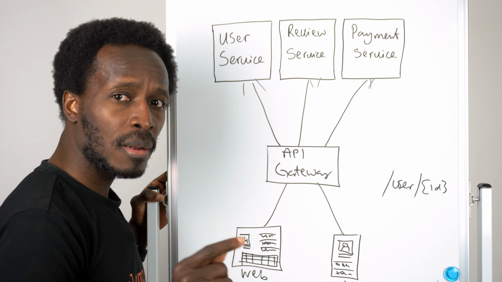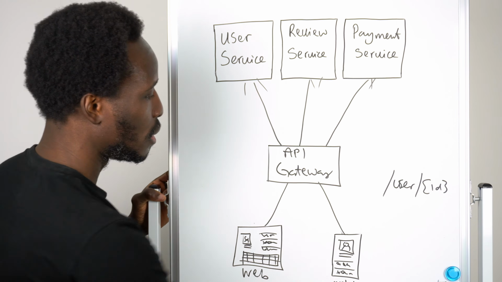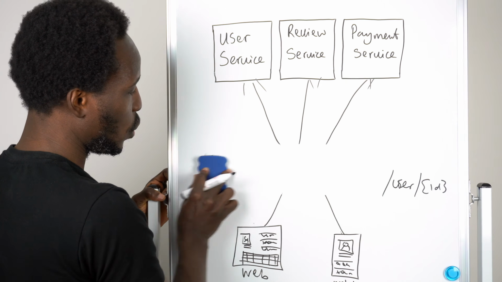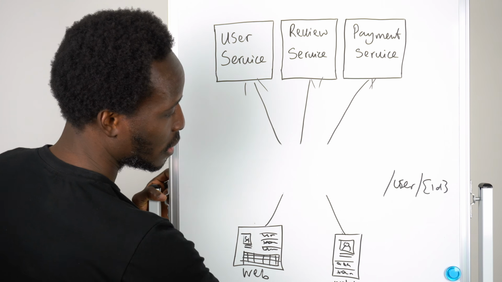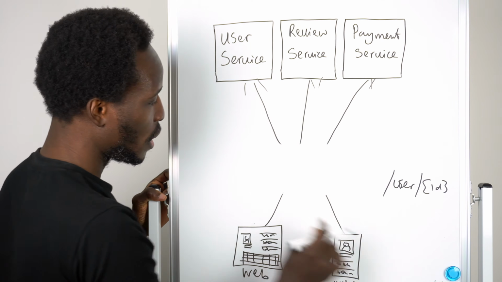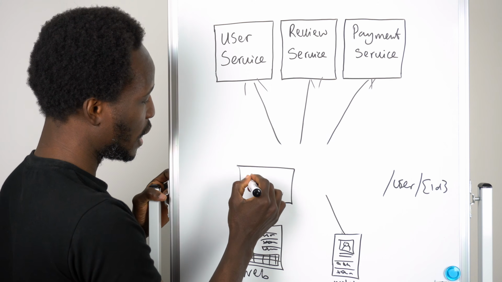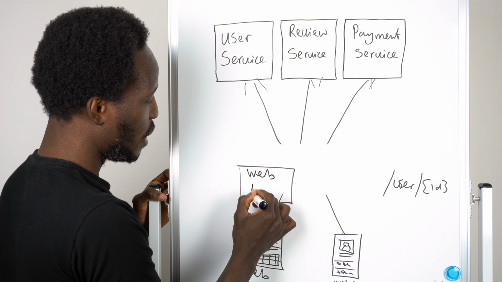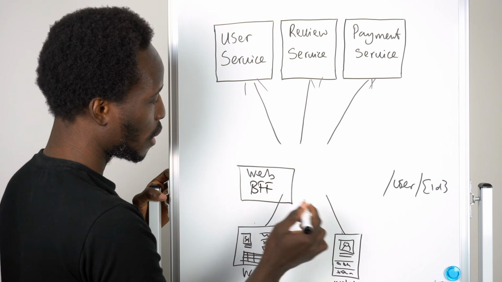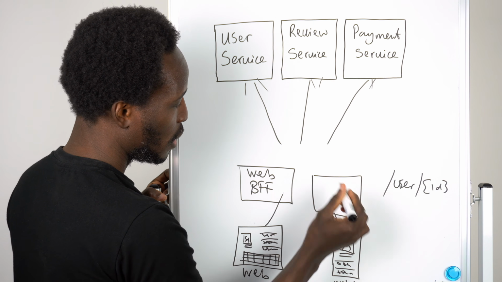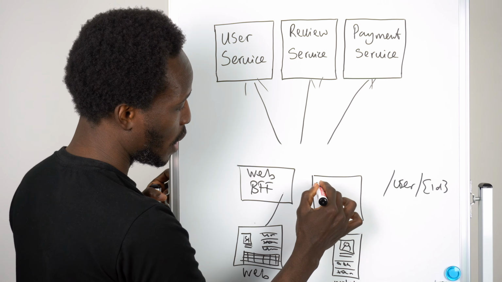Now, this is where the BFF comes in. And what the BFF does is it sits in between the clients and the microservices, but you end up with one BFF per client. So here we have the web BFF, and here we would have the mobile BFF, right?